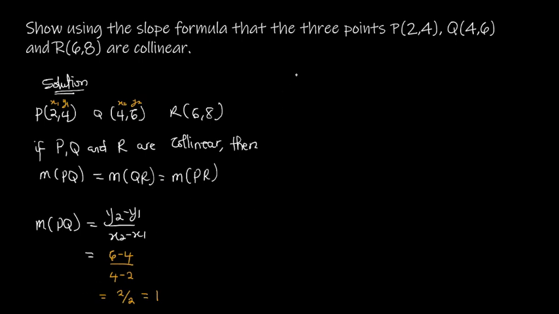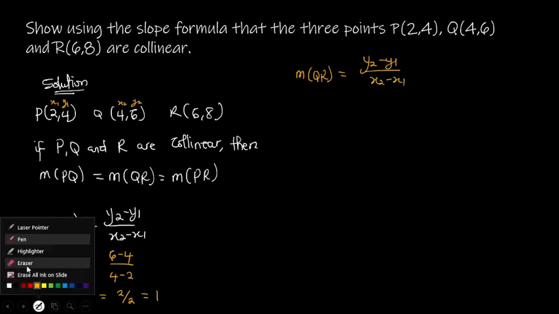Alright, so let's go ahead and calculate the gradient for QR. The gradient for QR will be y2 minus y1 over x2 minus x1.